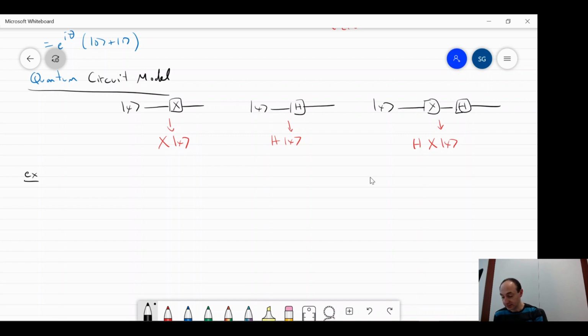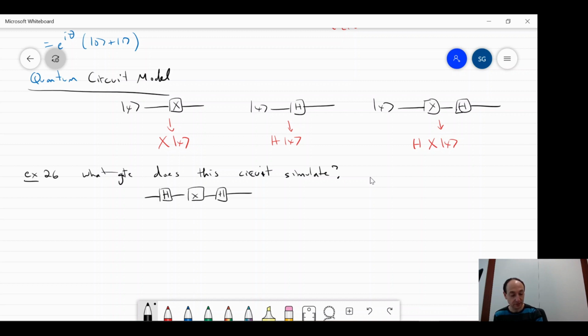So this is exercise 26. What gate does this circuit simulate? Okay, so imagine I have a circuit. I do a Hadamard, followed by a Pauli X, followed by a Hadamard, right? And if you want, pick your favorite starting state. I don't really care.